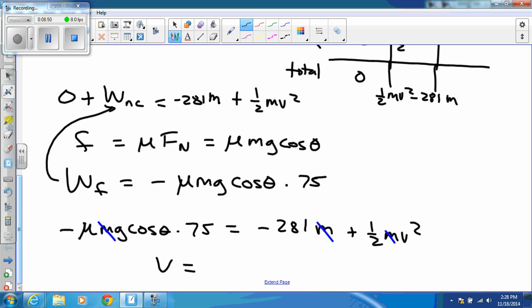When you solve for v, what do you end up with? How many words?